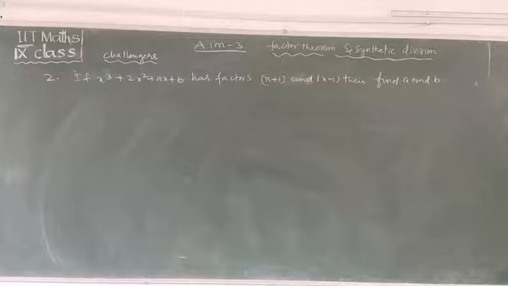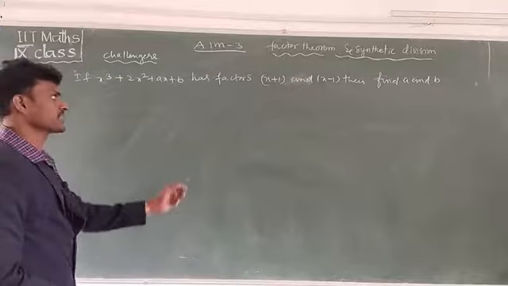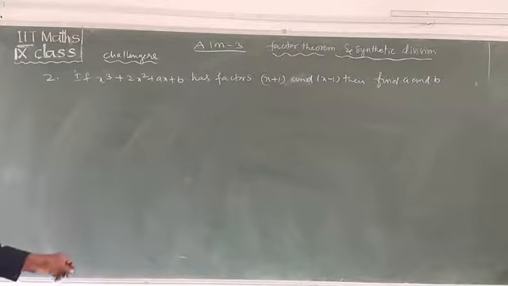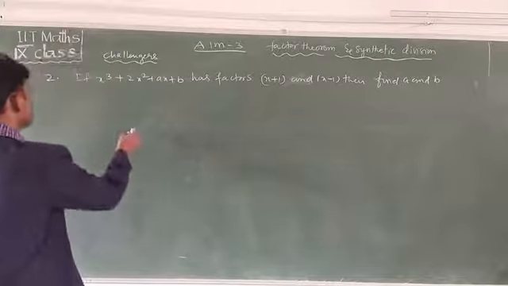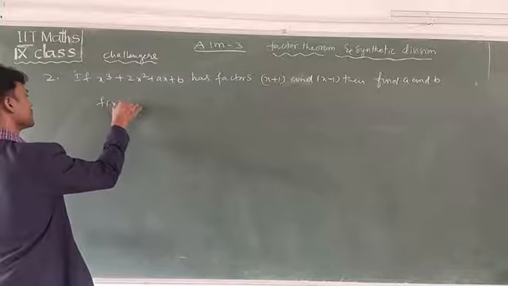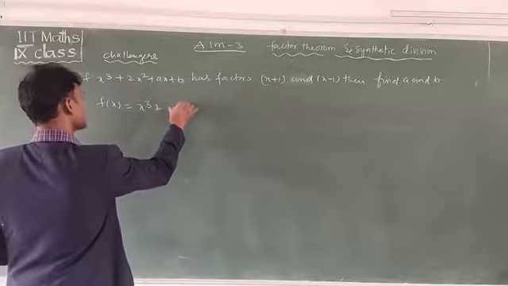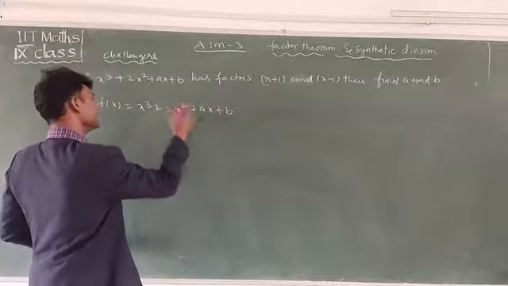Okay, next one is the second one. If x cube plus 2x square plus ax plus b has factors x plus 1 and x minus 1, find a and b. See here, this is f of x is equal to x cube plus 2x square plus ax plus b.